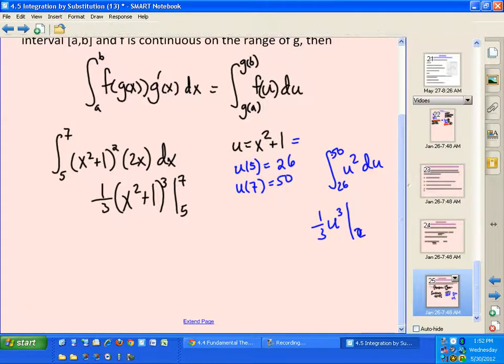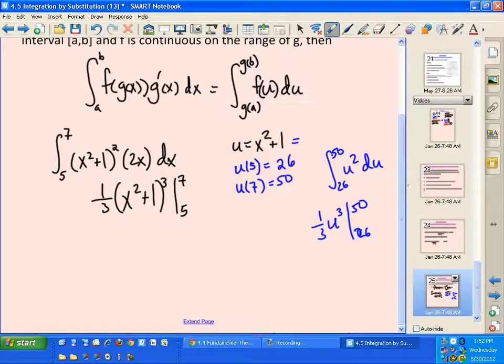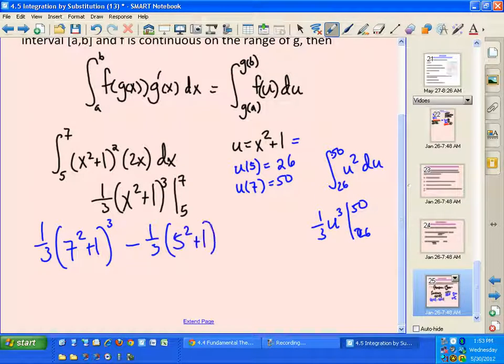It's just a matter of where I substitute, because over here, if I put in the 7, I would get 1/3 of (7 squared plus 1) cubed minus 1/3 of (5 squared plus 1) cubed. All right, no big deal. But over here, 7 squared plus 1 is 50, and 5 squared plus 1 is 26, so it gets you to the same spot.